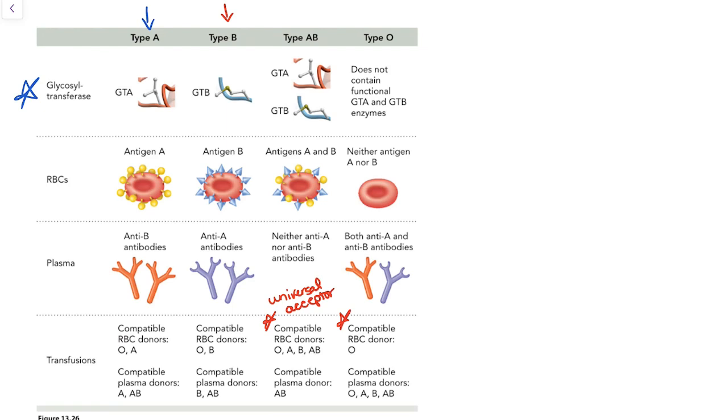Because type O doesn't have those antigens decorating the outside of their red blood cells, they are able to donate to type A, type B, type AB, or type O. So type O becomes the universal donor. Because of that, there is a high demand for type O blood, and it's a very common, popular blood type.